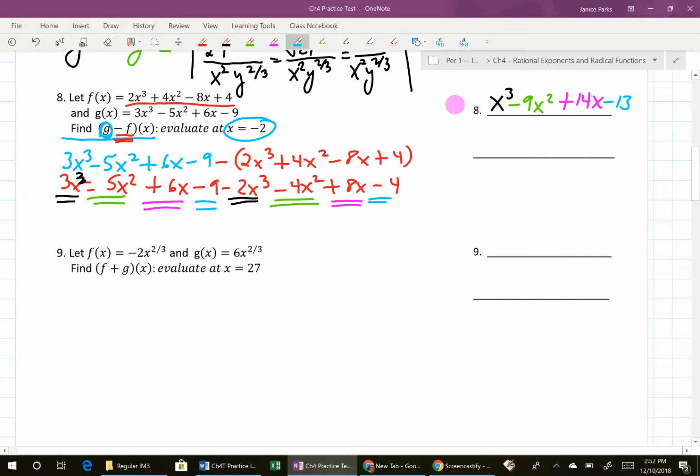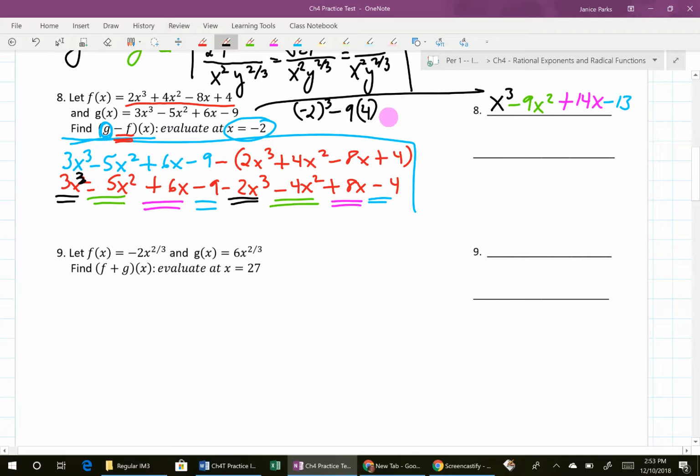So when I plug in a negative 2 into that equation, that's going to give me negative 2 to the third minus 9 times negative 2 squared, so that's 4, plus 14 times negative 2 minus 13.